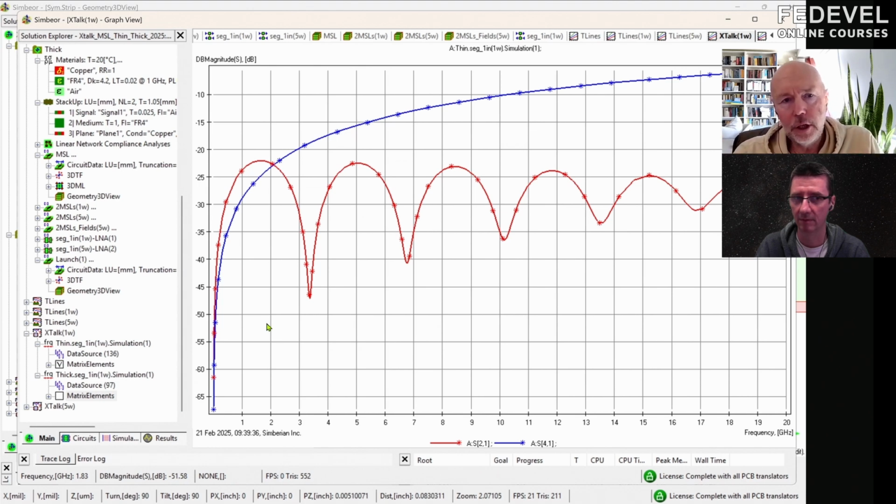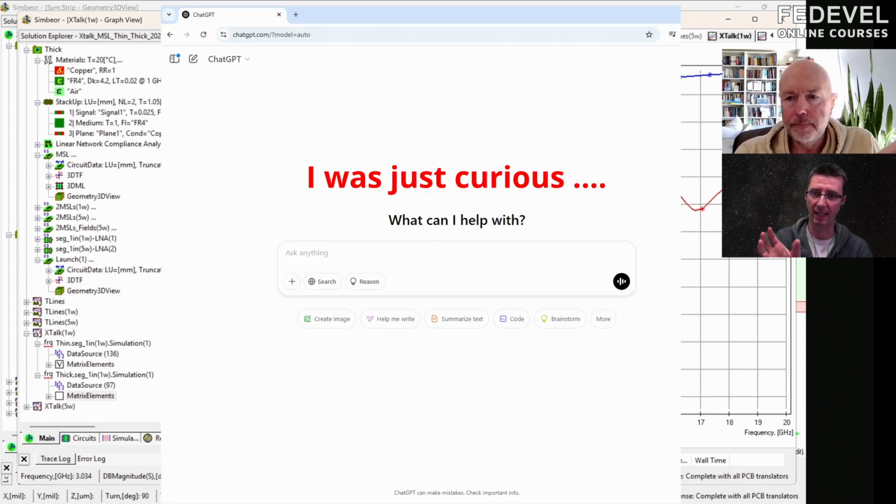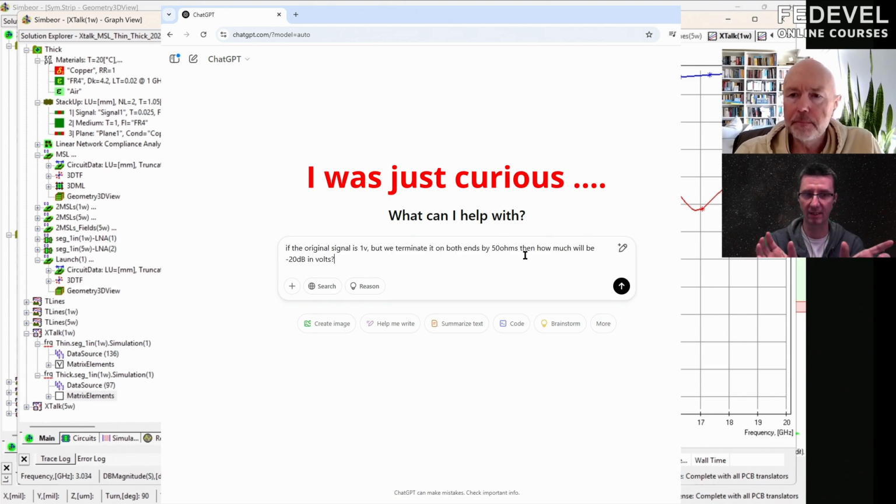In case of -20 dB, if this is fine crosstalk at -20 dB, it's around 0.05 volts, 50 millivolts, with 1 volt excitation and 50 ohm termination on both ends. So if on one track is 1 volt, then on the other one there will be 50 millivolts.